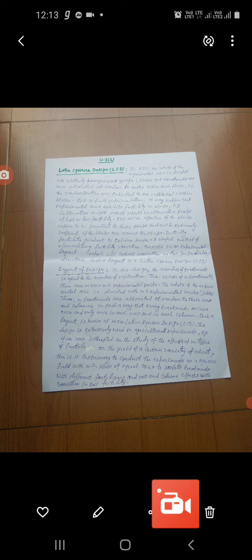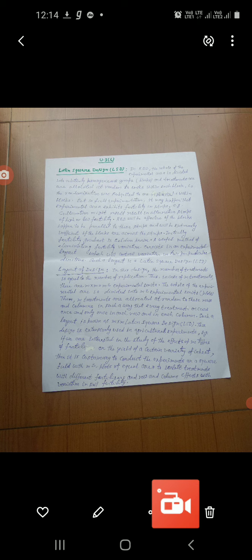In this design all the three principles of design of experiment are used, that is randomization, replication, and local control. So the number of treatments is equal to the number of replications.